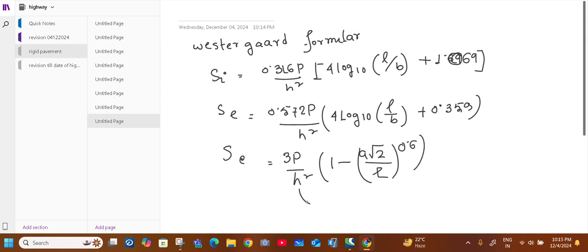H is in centimeter, it is slab thickness.